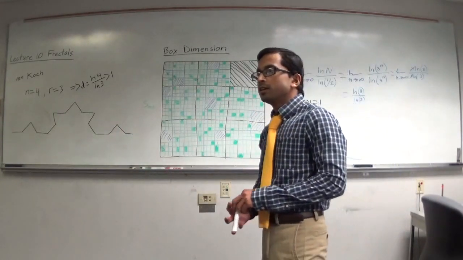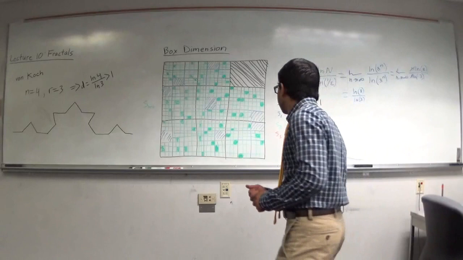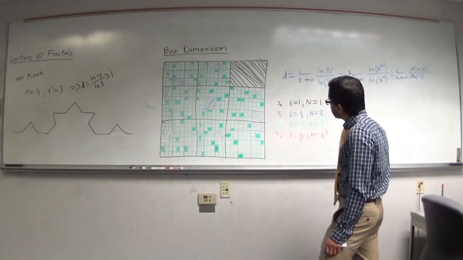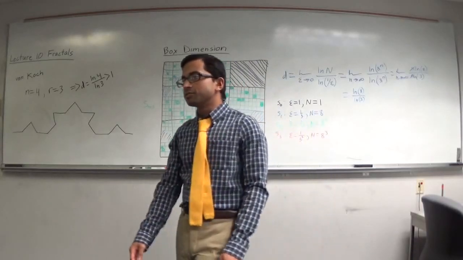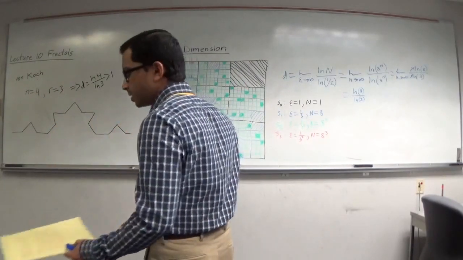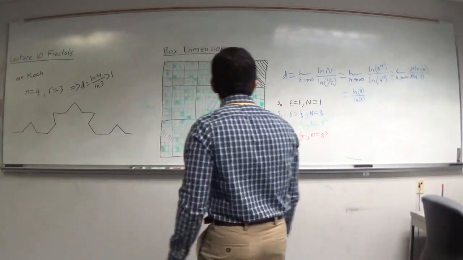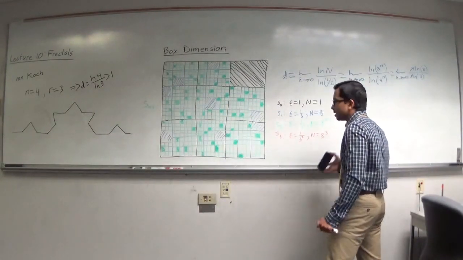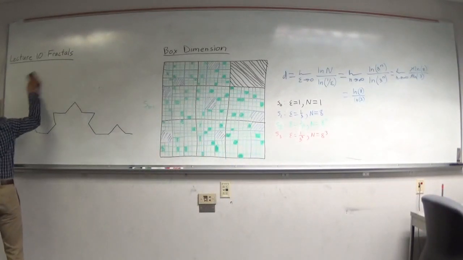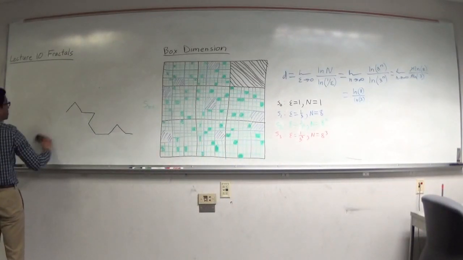You could just use the self-similarity dimension. But yeah, box dimension isn't used very much. The only place you can get a dimension that is easy to get are self-similar fractals.